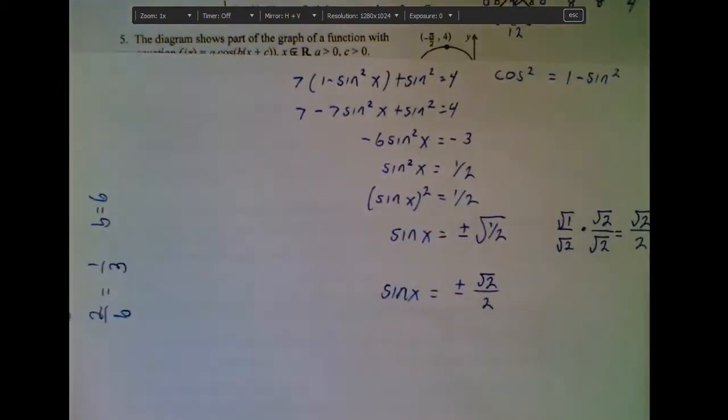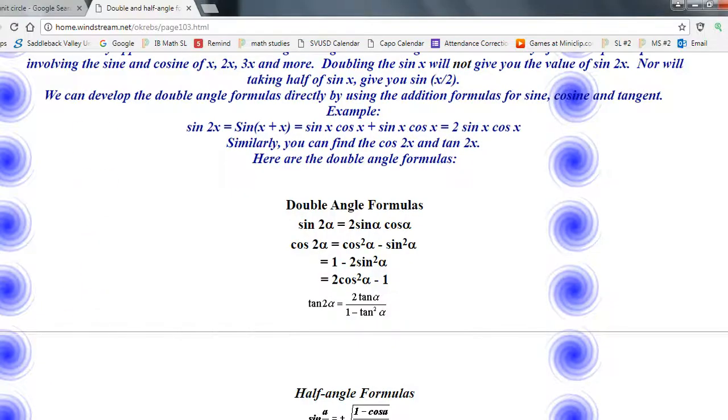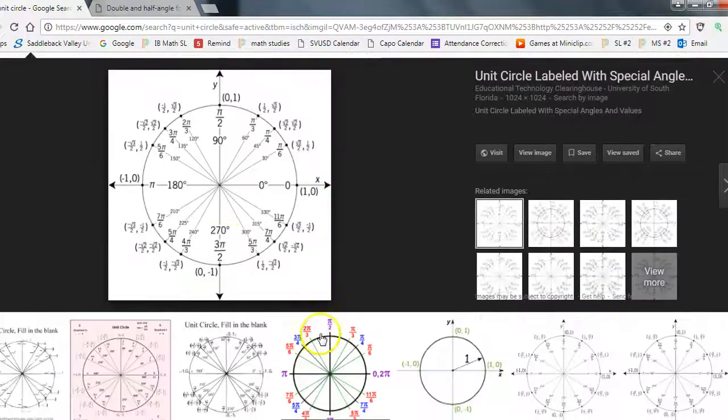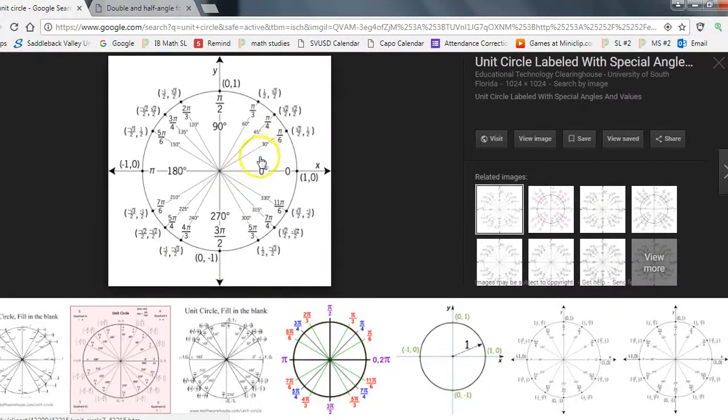So, a quick look at the unit circle. Again, the sine of what angle is going to give me either a positive or a negative rad 2 over 2? Remember, sine is your y coordinate, and so at 45 degrees, that's a winner right there.